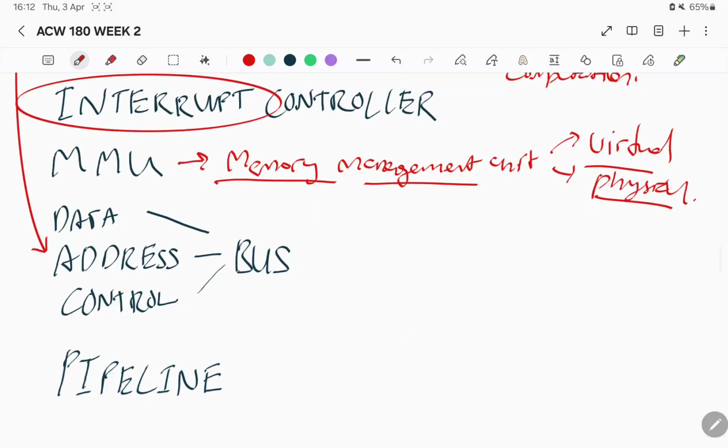Data, it transfers the data, of course. Address, it carries memory addresses to and from the CPU. Control buses carry control signals to coordinate actions of other parts of the system. Read, write signal.